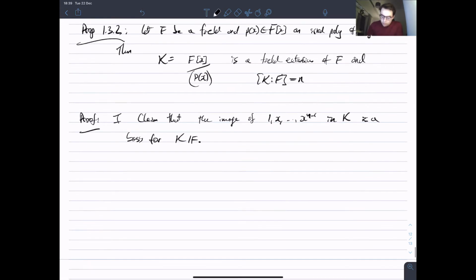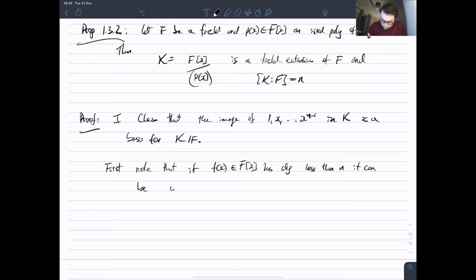So first thing to note is that if f(x) in F[x] has degree less than n, it can be written in terms of this basis.